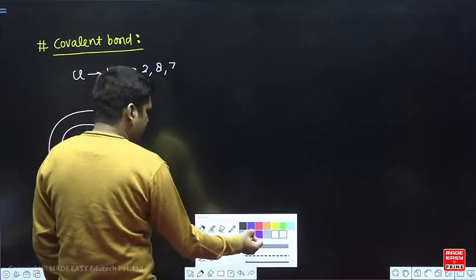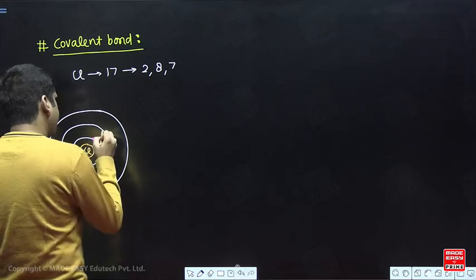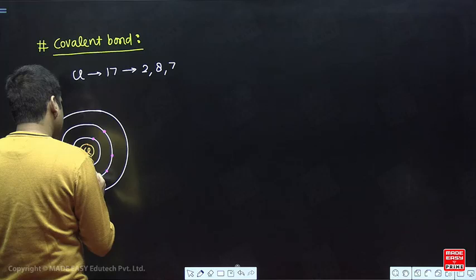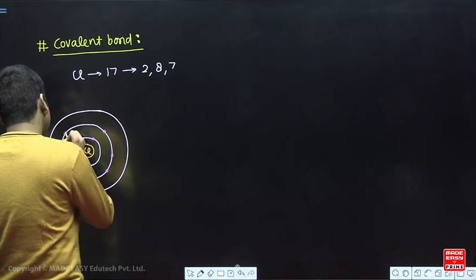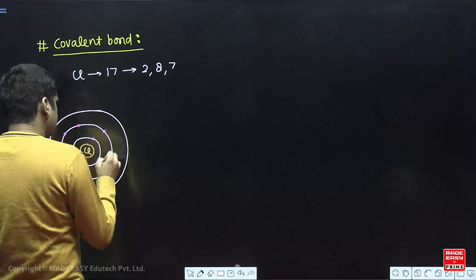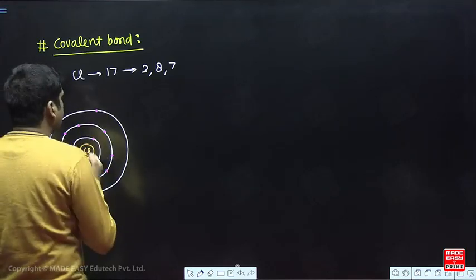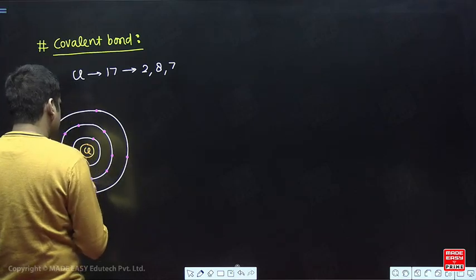In the first orbit you are having 2 electrons. In the second orbit you are having 8 electrons. In the third orbit you are having 7 electrons.